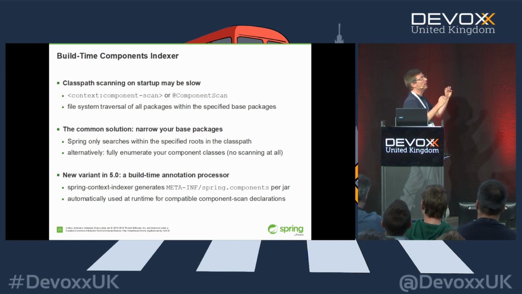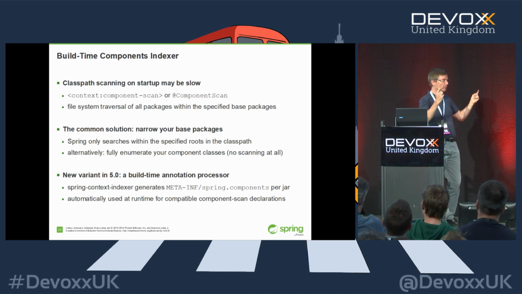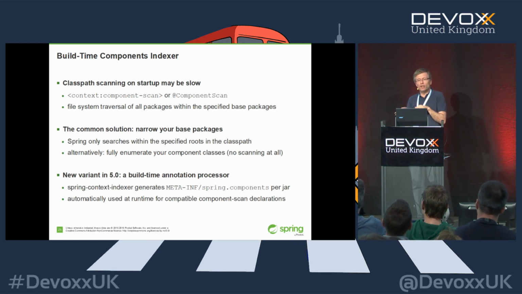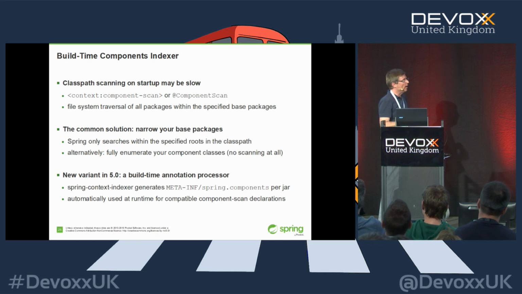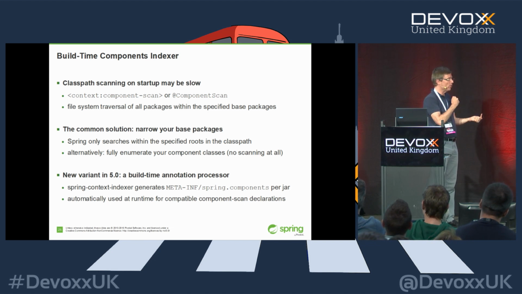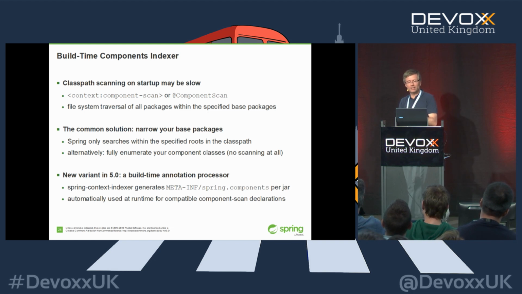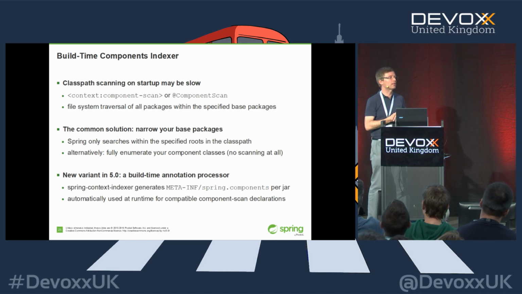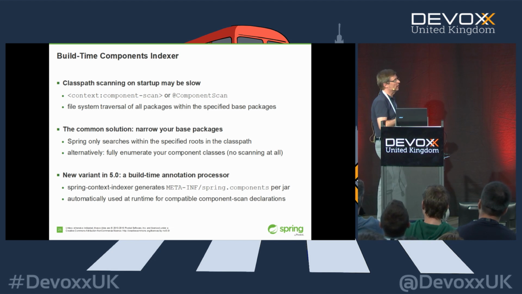If you then have a runtime component scan instruction that can be satisfied through looking at the components file only, based on its conditions for the search, then we're not actually going to perform a classpath search. We're just going to parse the components file and only look at the classes that we know have annotations on them, skipping many, many unrelated classes from ever being looked at.